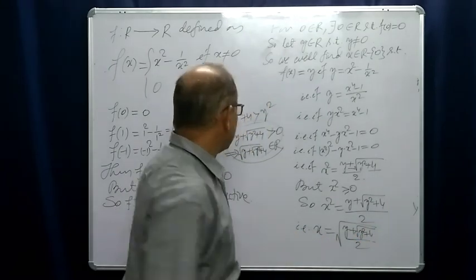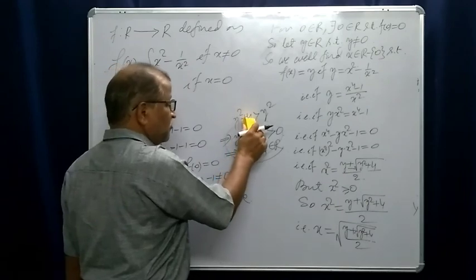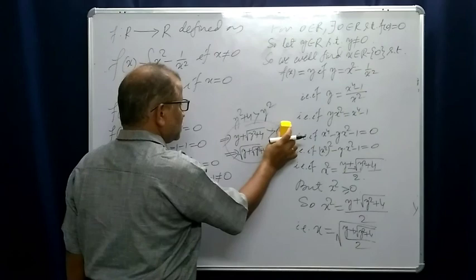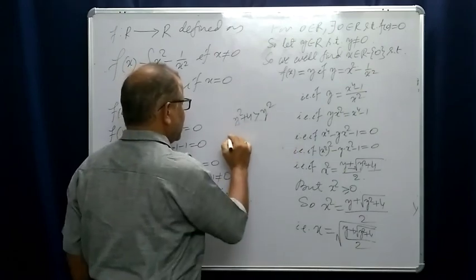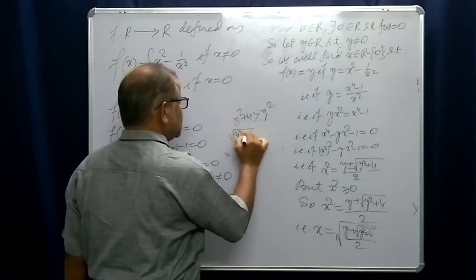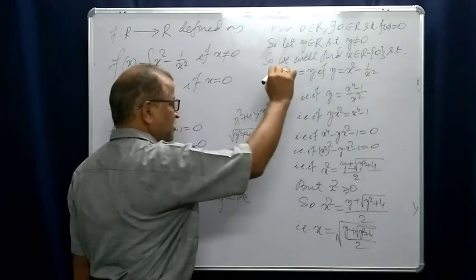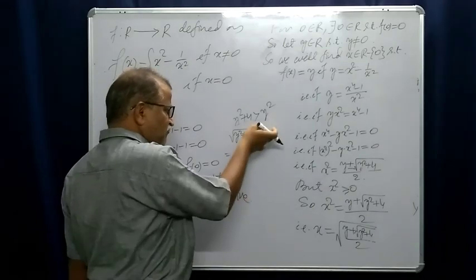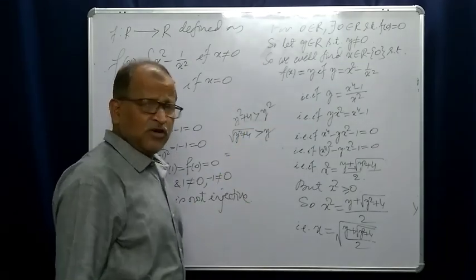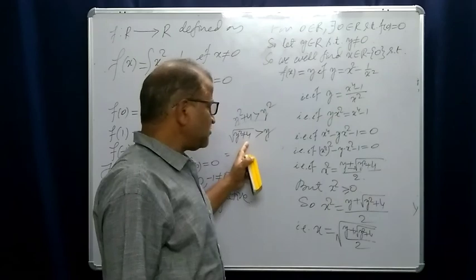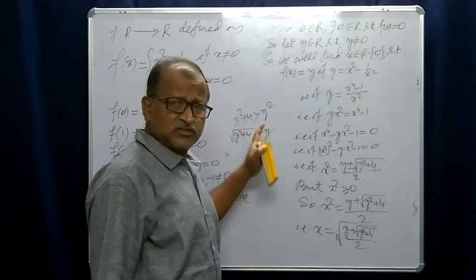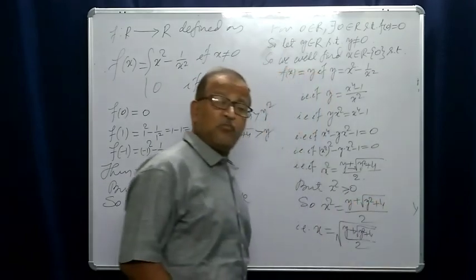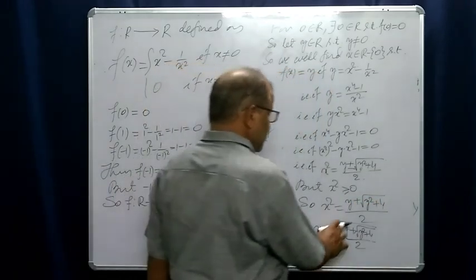Why is it positive? Because y square plus 4 is greater than y square, so the square root of this is greater than y. So if y has a negative value, it must be positive, and it is greater than y. So if y is negative, then also y plus this will be positive, and its square root must be a real number.